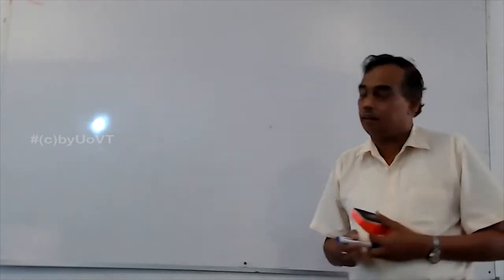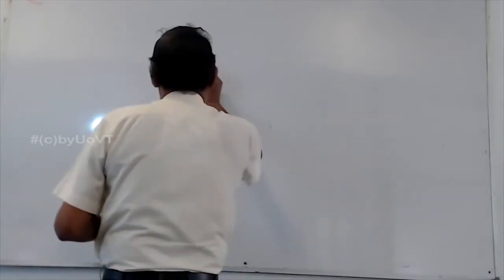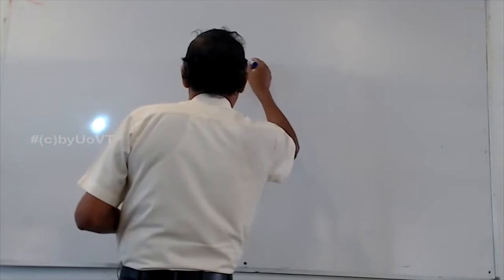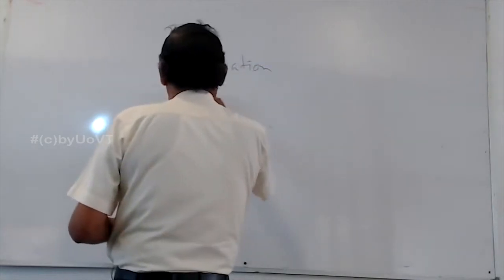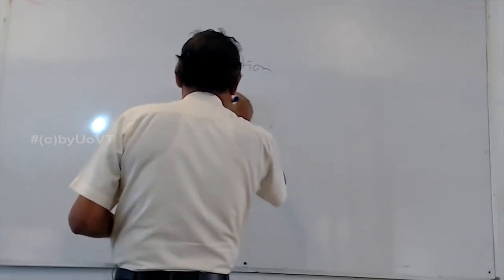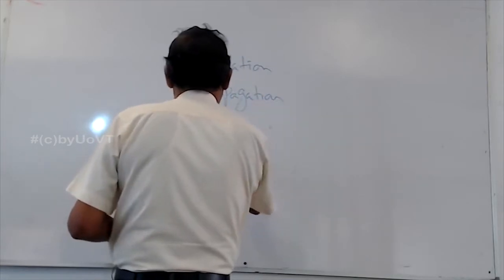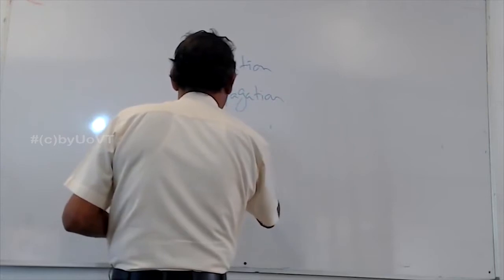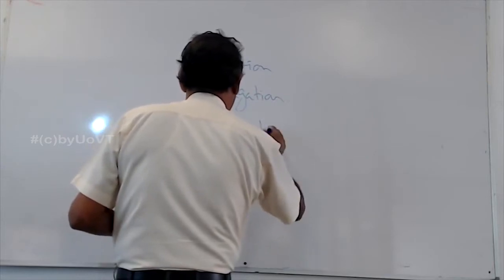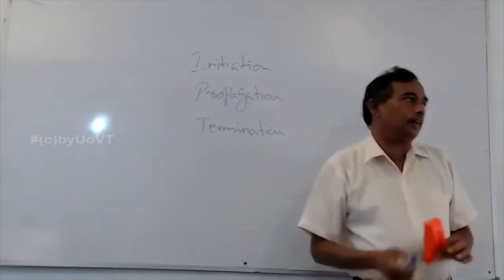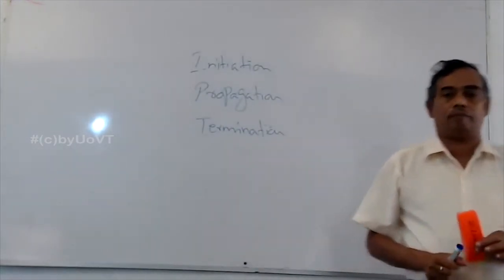Those reactions are the initiation reaction, then the propagation set of reactions, and next the termination reaction. So any chain reaction we can divide into these three steps.